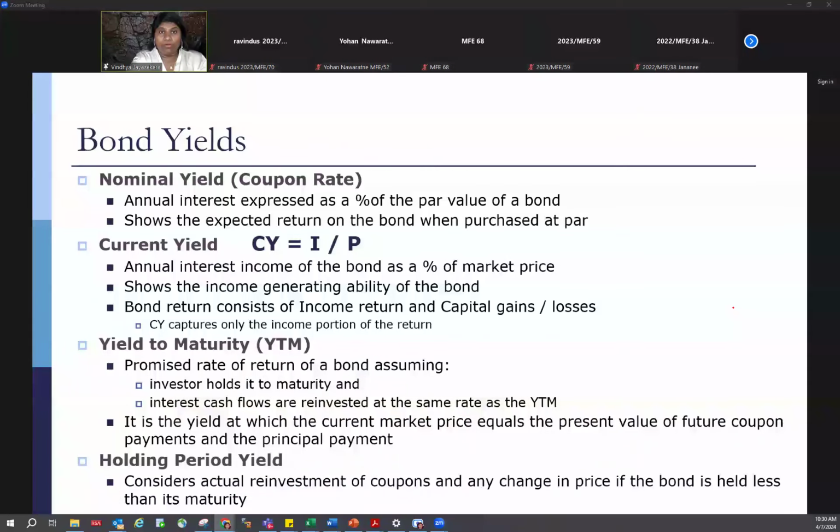In a holding period return calculation, we look at the period that we actually held this bond for. It could be until maturity, or it could be before maturity. But we held this bond for a certain period of time, and within this period we got certain coupons.